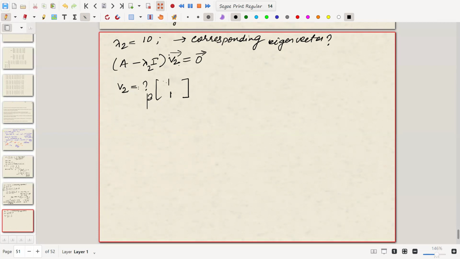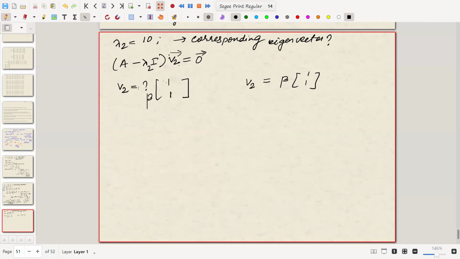Notations and wordings in this course are very much important. So the v2 vector you can find to be beta, any real number, times the vector (1, 1). Fine with you till now?